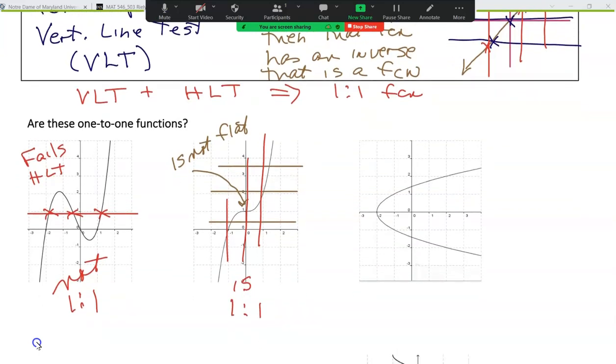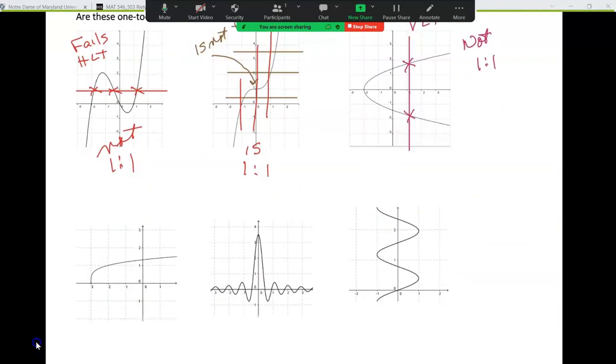Okay, look at this next one. Is this a function? No, because it fails the vertical line test right off the bat. So this is not a function, and it's certainly not one-to-one. Okay, let's keep going. Okay, look at this next one. And again, I'm going to have a commentary on this. This is a function. This is not vertical.